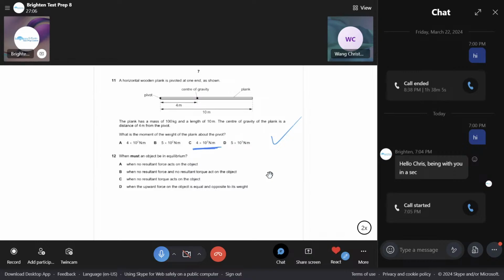Now 12. Okay. B. Why not C? Why not D? C is missing no resultant force, and D is only considering the force on the vertical axis.